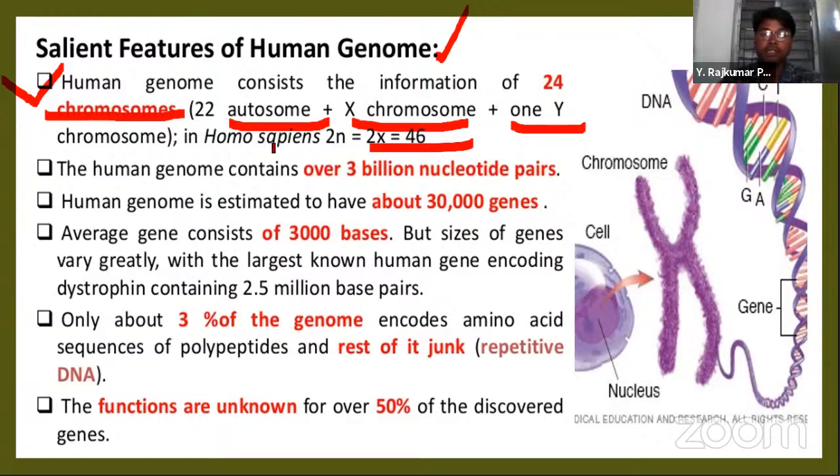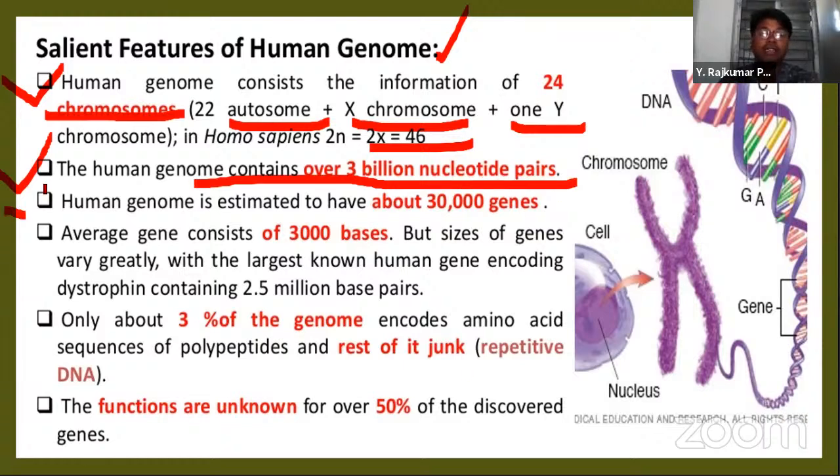So the human genome means one set of chromosomes of the human body. Yesterday I discussed what is meant by homologous chromosomes and what is the complete karyotype of the human being. The human genome contains over 3 billion nucleotide pairs.